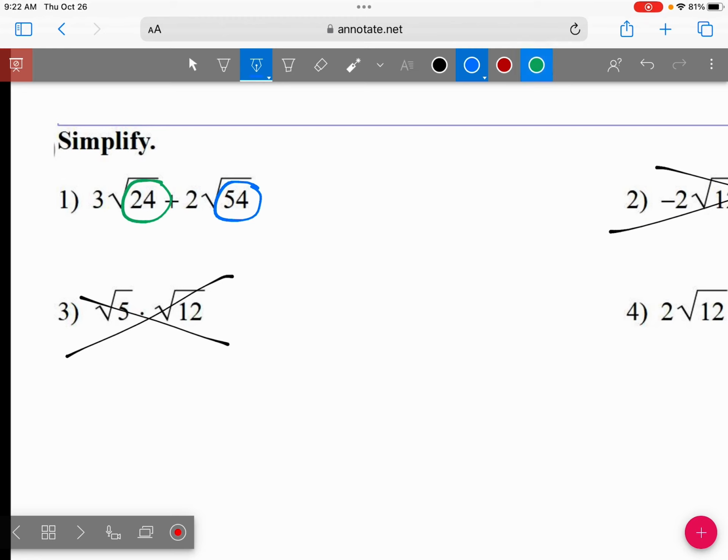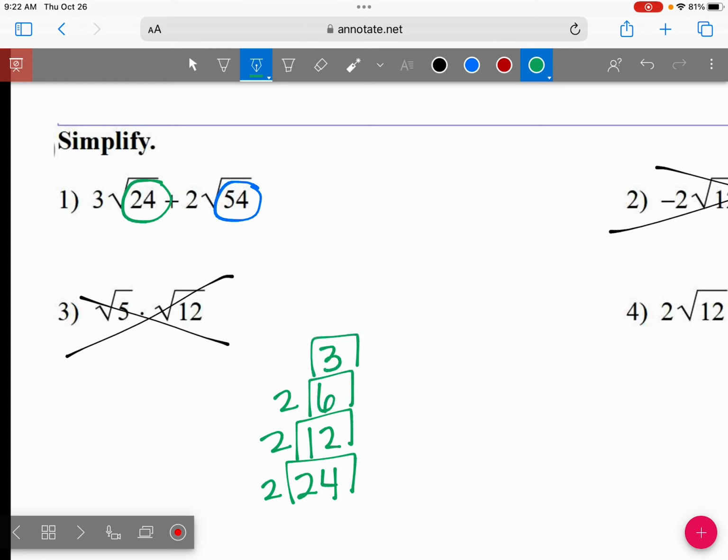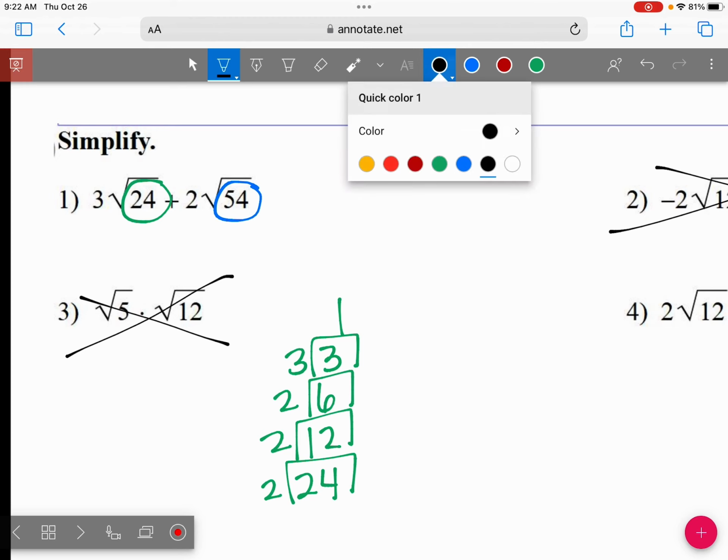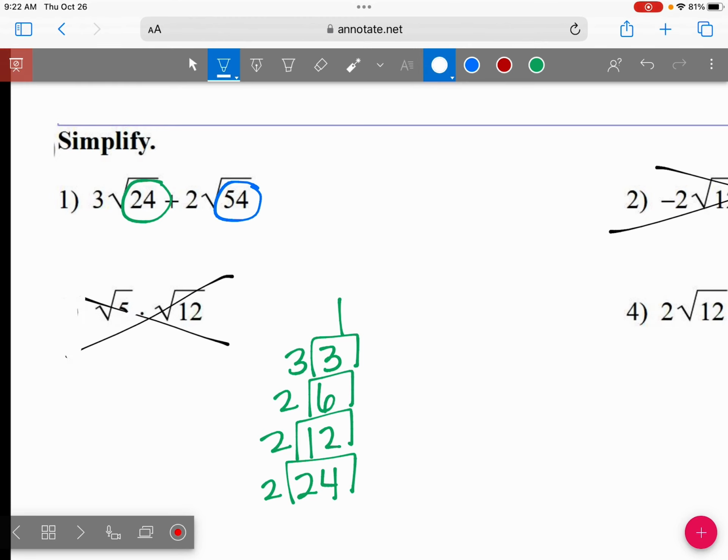So when I build my cake with 24, all right, I got 4 layers. Let me go ahead and take off this so I have more space. So I already had a 3 in the front, so that 3 is still there.